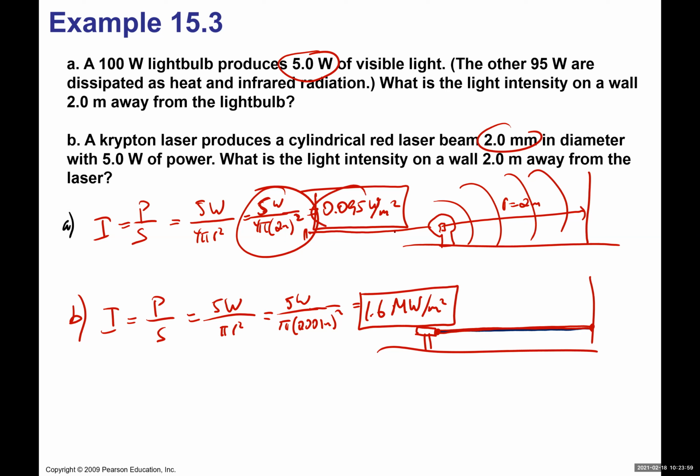You can say that this is basically 95 thousand times more. One is a milliwatt, the other one is a megawatt. So mega is million, milli is a thousandth, right? So it's a factor of about 10 million difference between them.